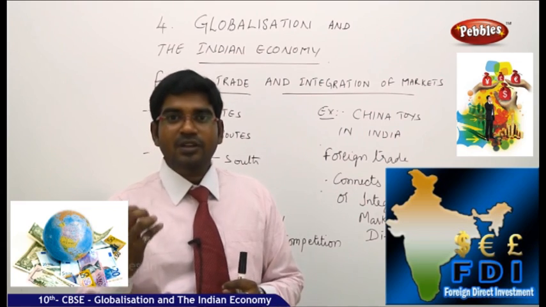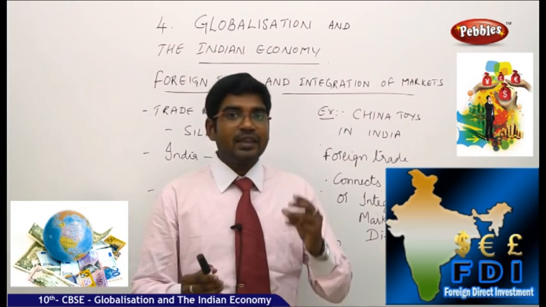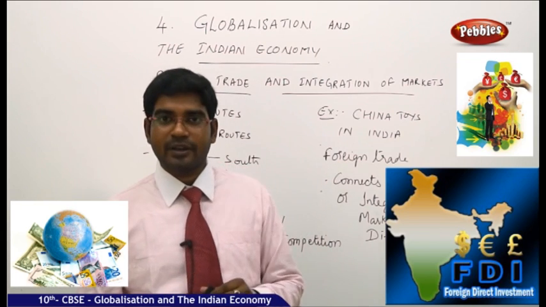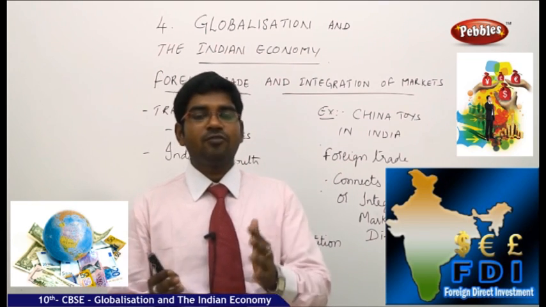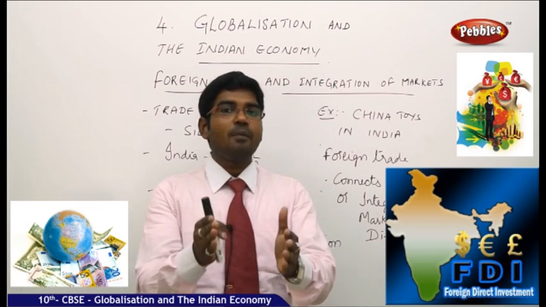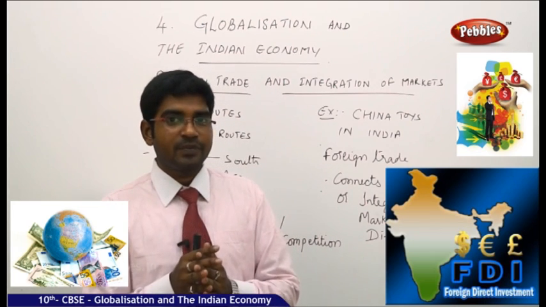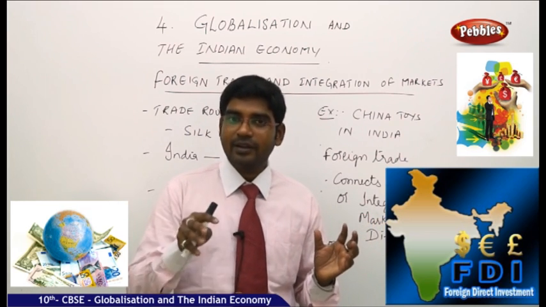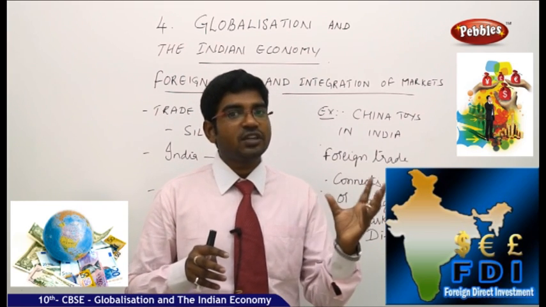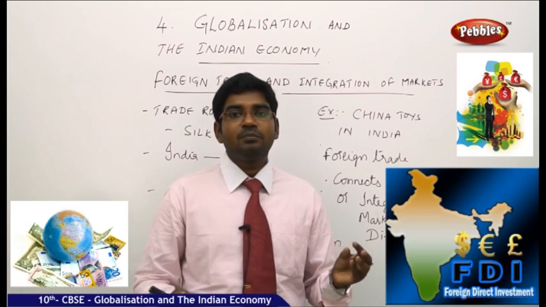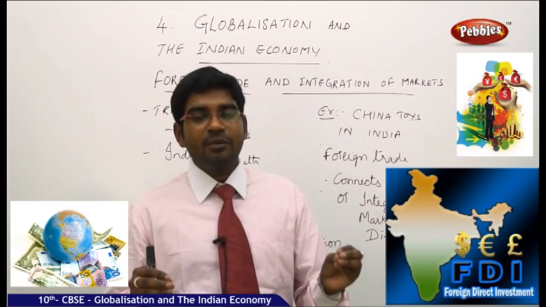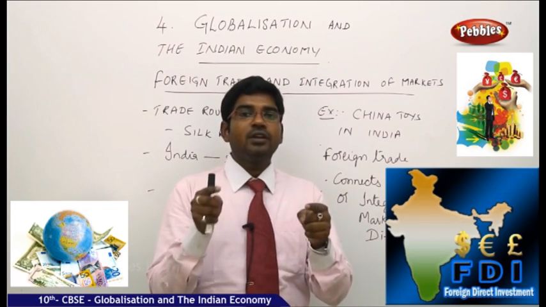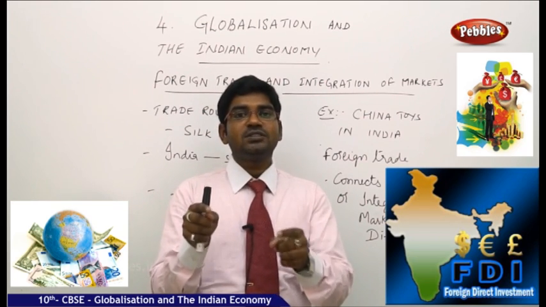So when the Indian product is brought into the international market, in a similar manner the foreign product is also brought into the international market. So the Indian product and the foreign product will be in competition with each other. The Indian product was having only the Indian domestic market, and the China product was having only China's domestic market. But because of foreign trade, the Indian product and the China product have reached the international market, wherein both are in direct competition with each other.